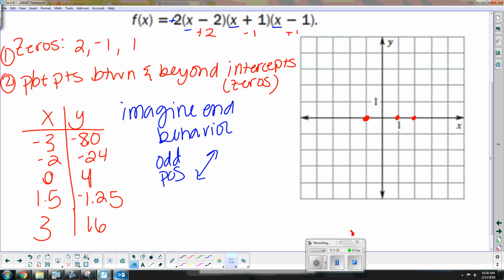All right, then I also chose the 0, and that's y value of 4. 1.5 is the y value of -1.25, so that's about here. And then 3, again, is way off the chart, it's way up here.